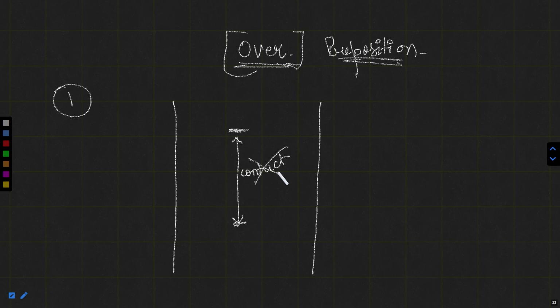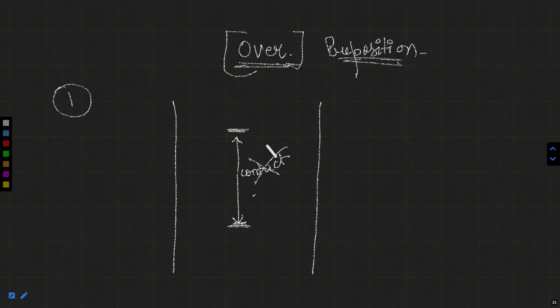If something is here and something is here, we can say that this thing is above this and it is not touching the surface of the thing below. So these two points are not touching each other.